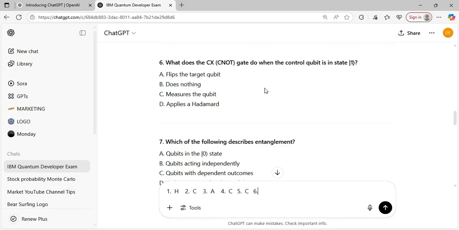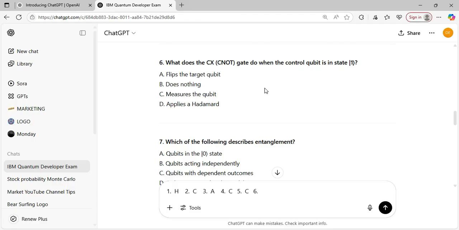So if it's in a state of 1, the options are: this flips the target qubit, does nothing, measures the qubit, or applies a Hadamard gate.